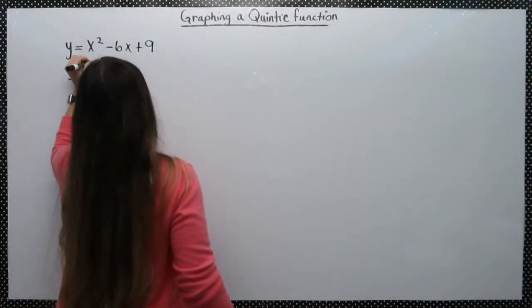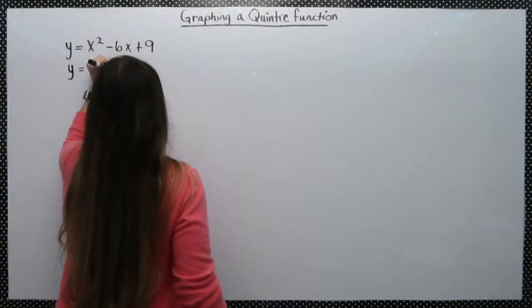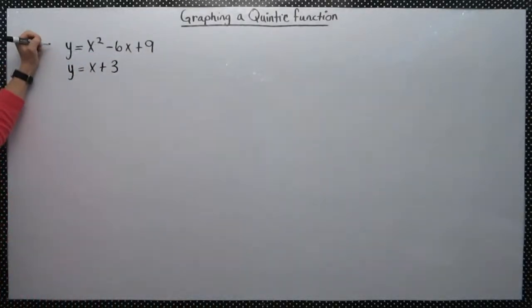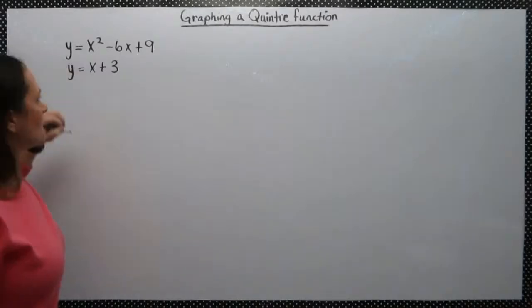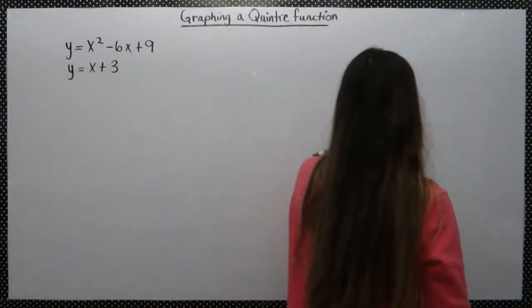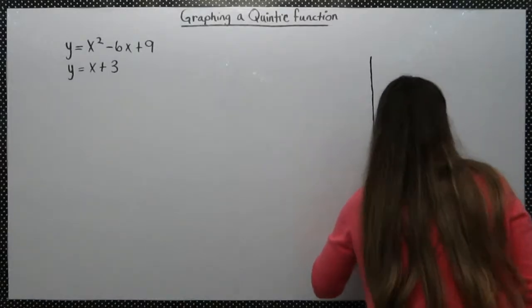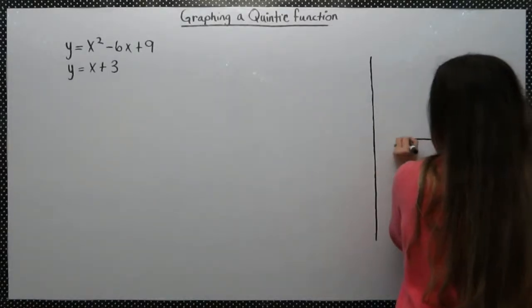So we have a second degree polynomial, which is a quadratic, and we have a line. And I'm going to go ahead and sketch my Cartesian coordinate system here real quick, because I do plan on sketching the graph of this thing.